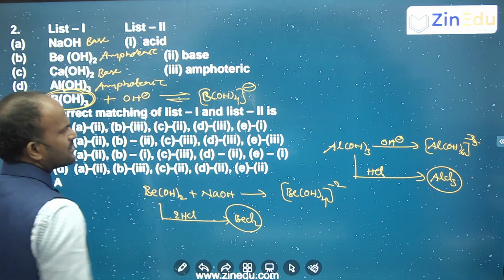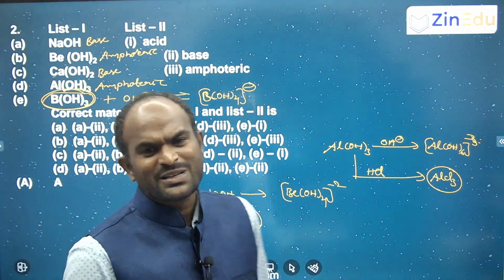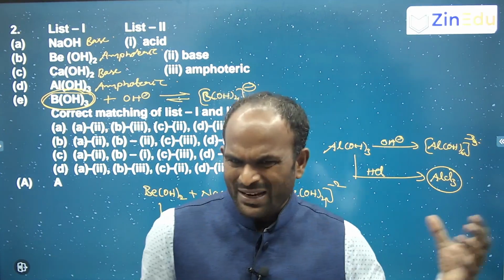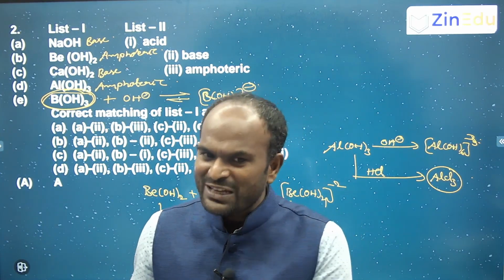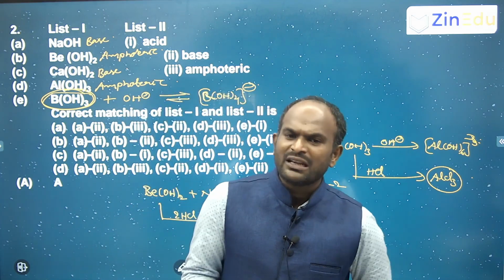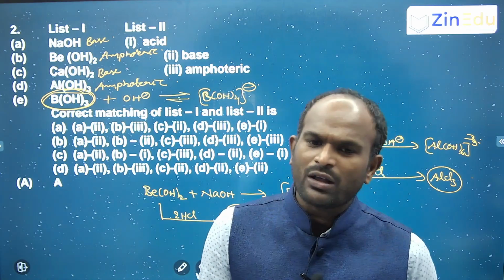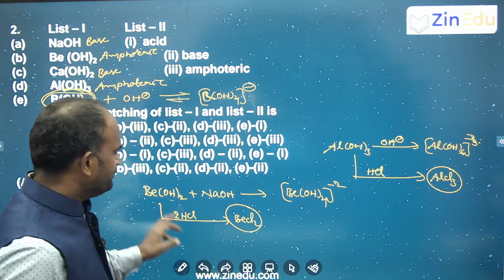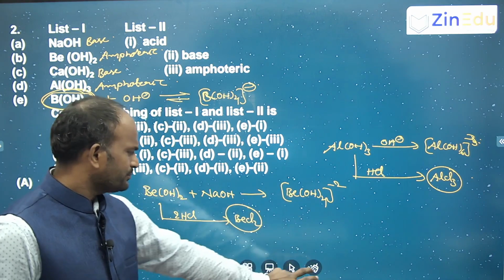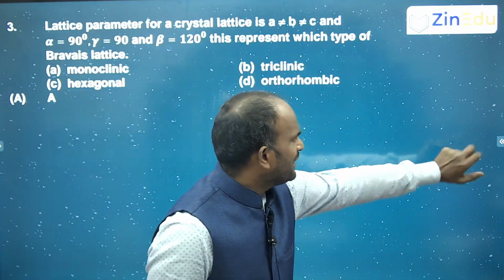So it is able to react with base, and its Ka value is very small, around 10 power minus 9. So its pKa value is 9, therefore it is a very weak acid. The reason it does not give H plus ions is that it is associated with hydrogen bonding. Right? It's a very clear question. All these are fundamentals.